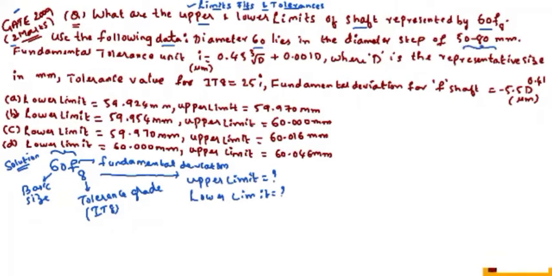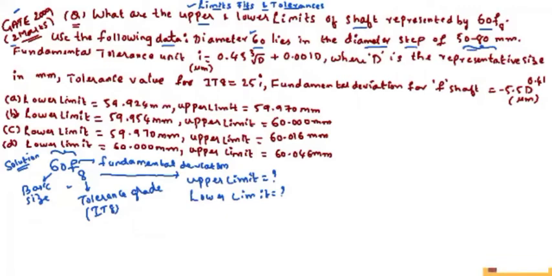With respect to these kind of questions, when you are given the basic size, fundamental deviation and tolerance grade, you will be given the data on which range of diameter step the diameter lies.